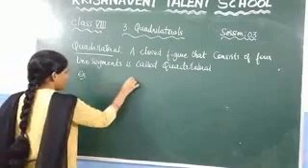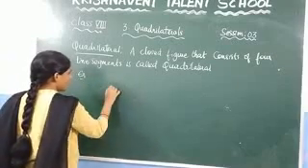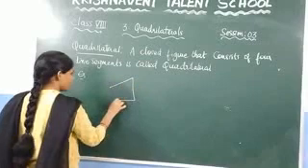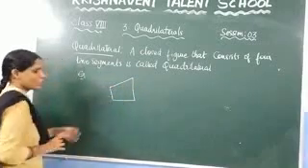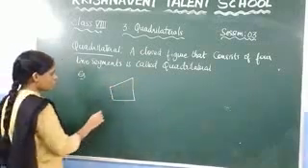That means if you take any four points in a plane and join them, you will get one quadrilateral. So if you see in a quadrilateral, how many angles will be formed?